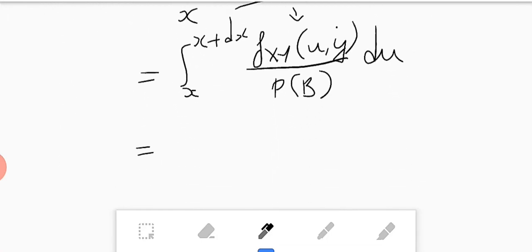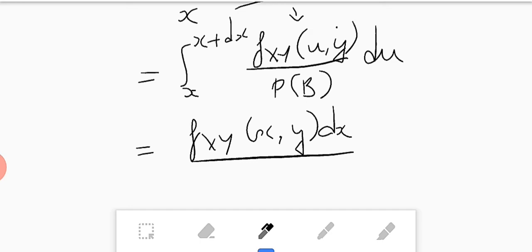So now once you integrate, you get f of x y of x comma y dx divided by P of B, and here your x will belong within the limits of B.